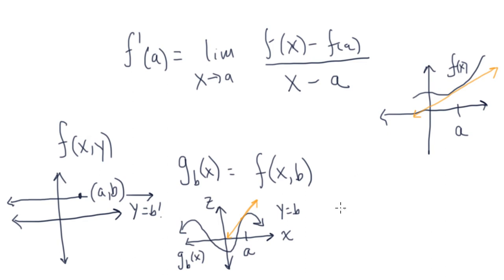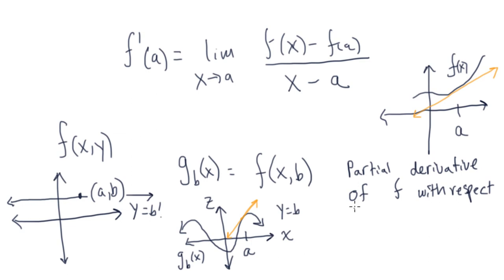Okay, and what we're going to do is we're just going to take the derivative, and we're going to call that the partial derivative of f with respect to the variable x.